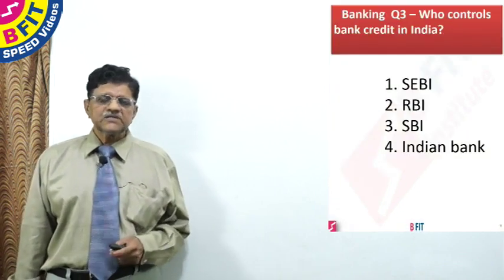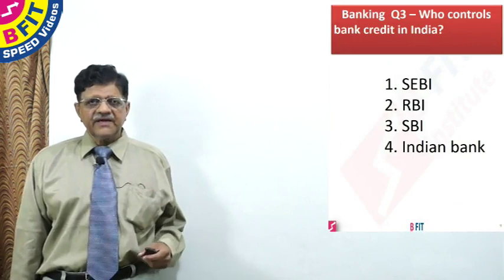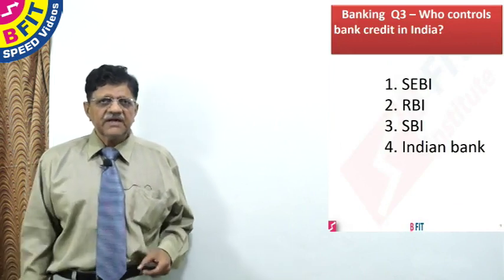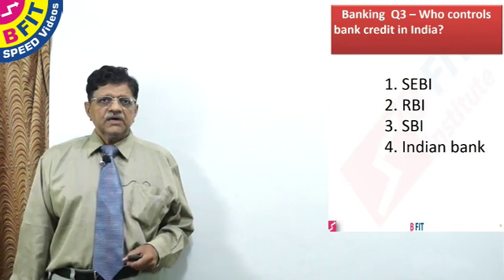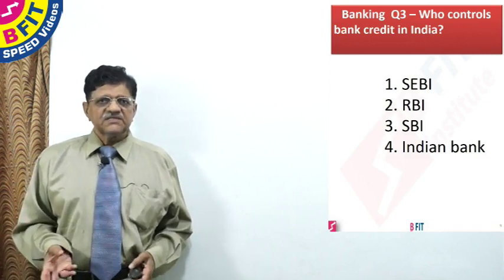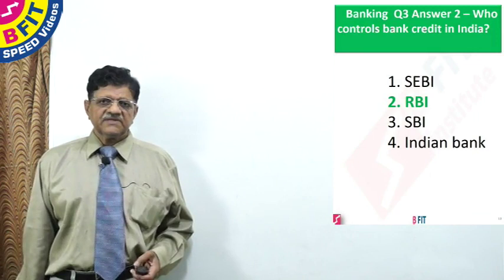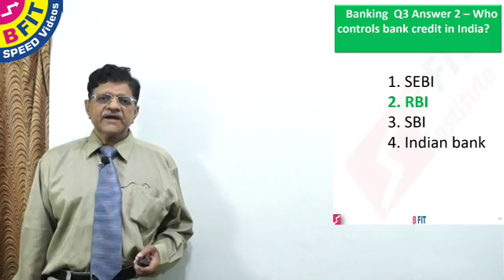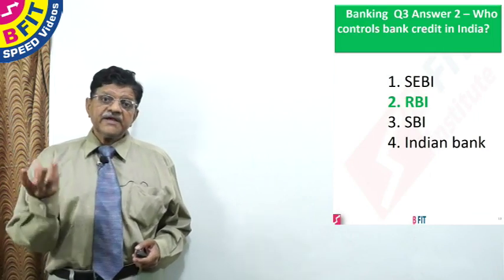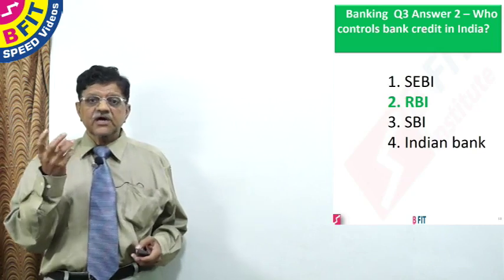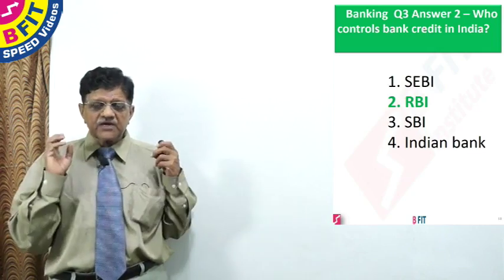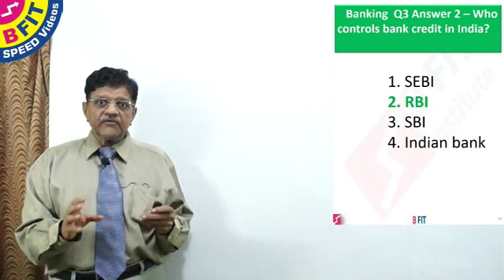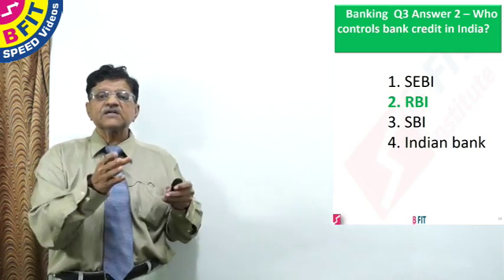The next question is, who controls bank credit in India? Various options are given: SEBI, RBI, SBI, Indian Bank. The obvious choice is Reserve Bank of India. Reserve Bank of India is controlling credit, the quantitative credit as well as the qualitative credit. The total quantum of credit that should flow, and then the quality of to whom it should go, to which sectors it should flow.